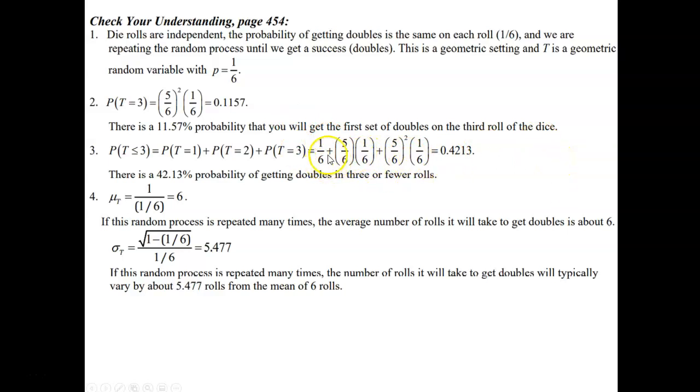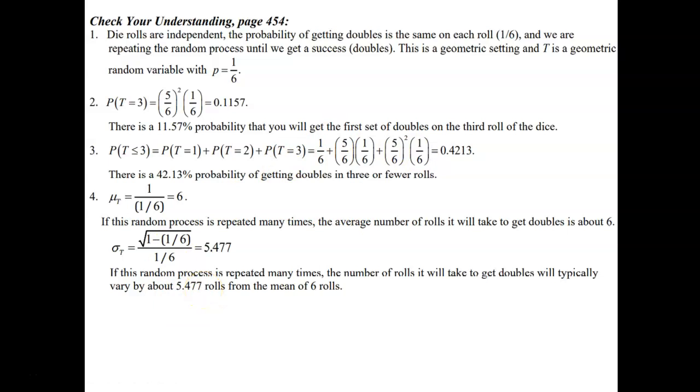Either way, adding them together, you get a 42.1% probability of getting doubles within the first 3 rolls. That's a pretty good probability of getting out of jail. Man, I did not know that rule in Monopoly. I feel like someone's cheated me over the years.